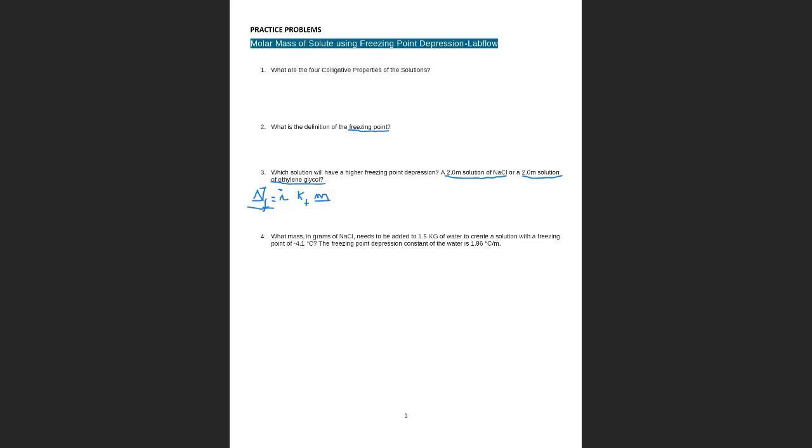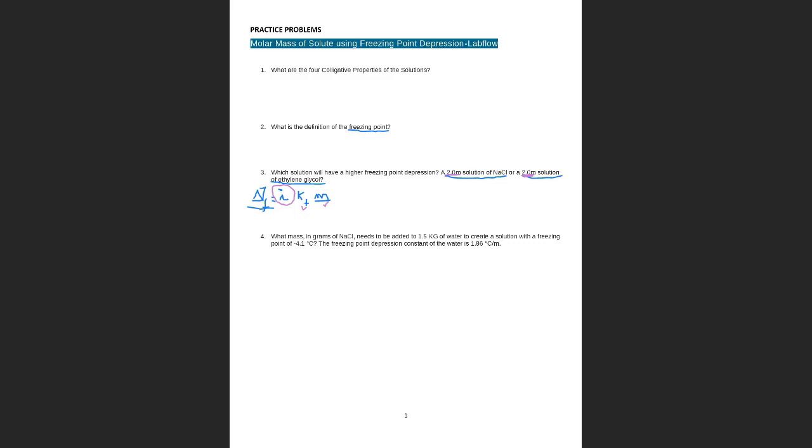The molality is the same because we have a 2 molar and a 2 molar. So we cannot count on that. The constant is the same because it depends on the solvent. So the only thing that will change is this Van't Hoff factor.